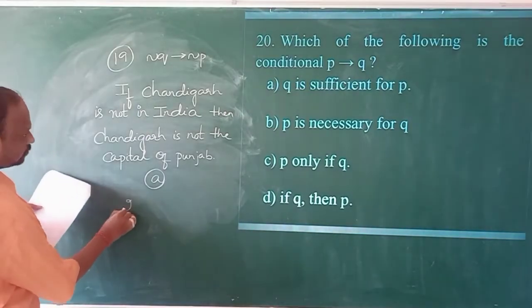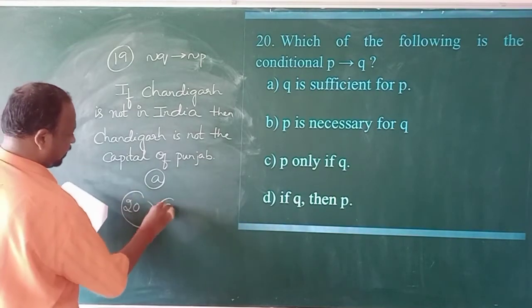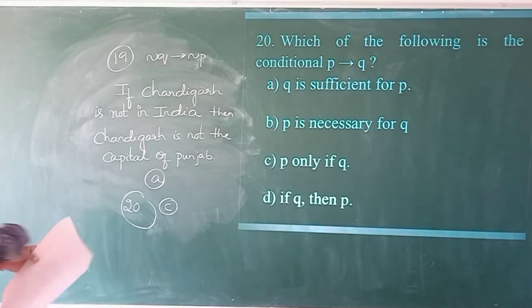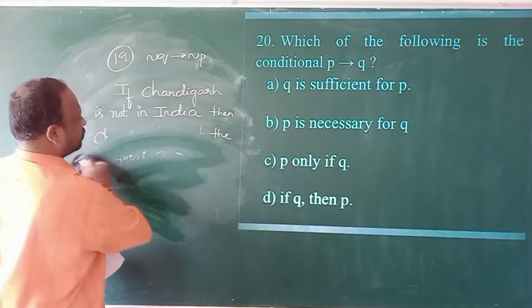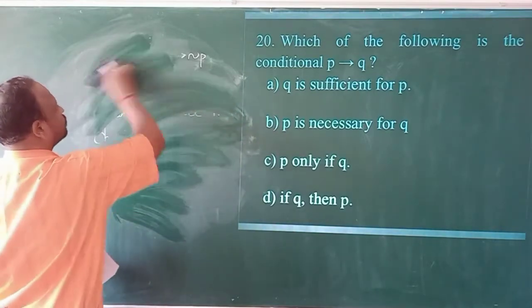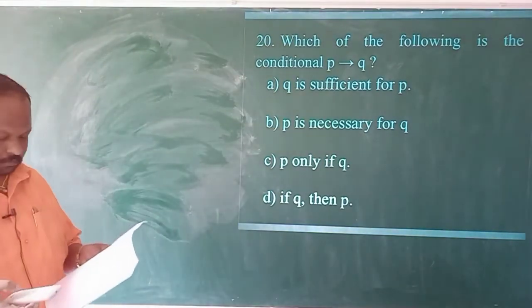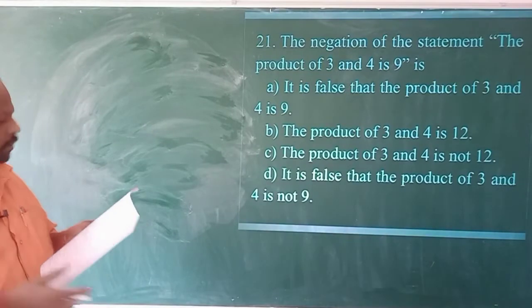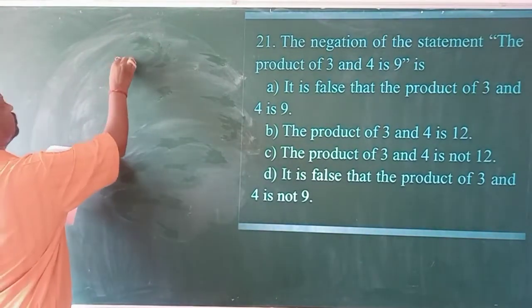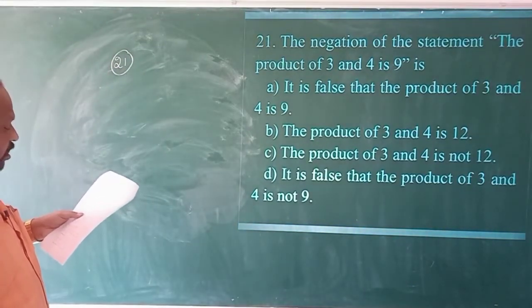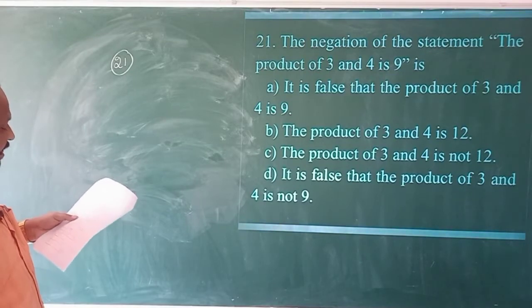Twentieth, option C, P only if Q. Go for the next one. Twenty-first. The negation of this statement: the product of 3 and 4 is 9.